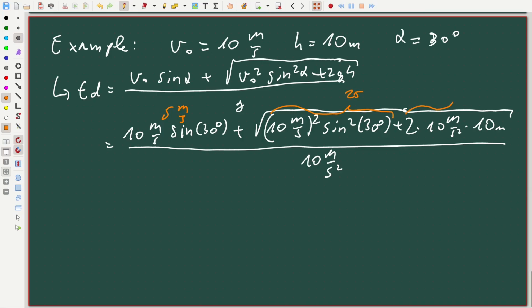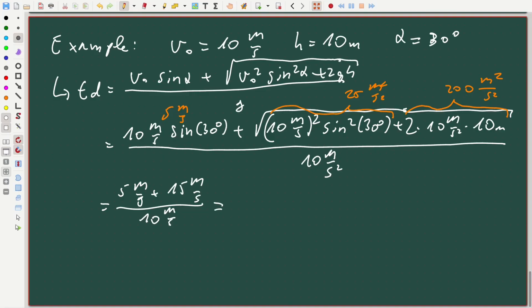And here we have 2 times 10 times 10, which gives a value of 200, in meter squared over second squared, and here also meter squared over second squared. And what we have then is 225. The square root of 225 is 15 meter per second, plus 5 gives 20, divided by 10. So at the end this results in 20 meter per second divided by 10 meter per second, and this gives as a result 2 seconds. This is our time that the object travels until it reaches ground level again.